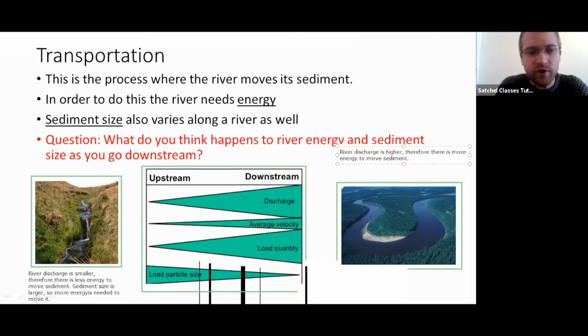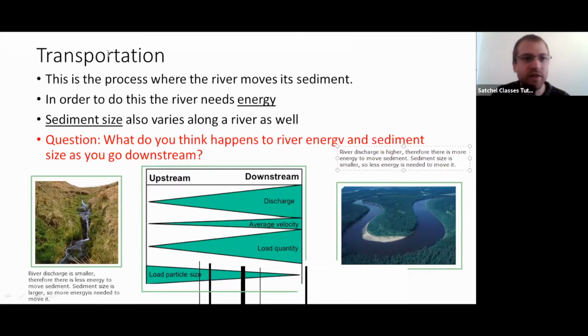We can also notice that load particle size is much smaller and our load quantity is bigger. So a bigger channel which has smaller sediment, so there is more small sediment that can fit in that channel. So sediment size is smaller, so less energy is needed to transport it.